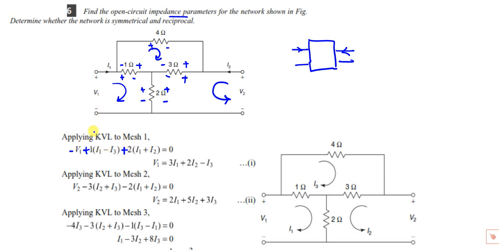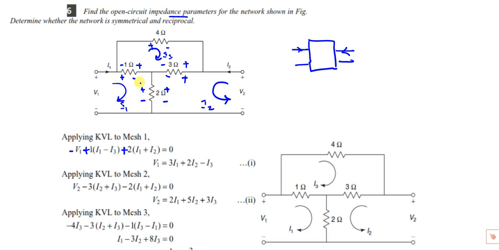Now you see how I got this equation. Minus V1 plus, this is I1, this is I2, this is I3. See the direction of the current. I1 is clockwise in the 1 ohm and I3 is going opposite, so it is I1 minus I3. Plus 2, plus 2 in I1 and I2.